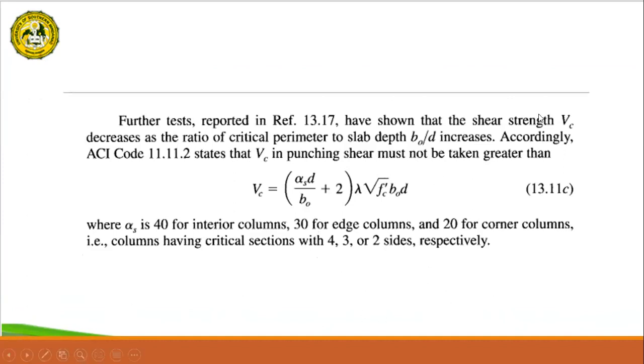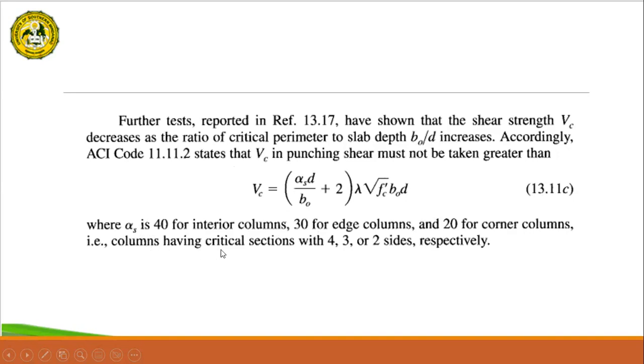Then further tests reported have shown that the shear strength Vc decreases as the ratio of critical perimeter to slab depth, bo over d, increases. So accordingly, the ACI code states that the Vc in punching shear must not be greater than this equation 13.11c, where alpha s is 40 for interior columns, 30 for edge columns, and 20 for corner columns.